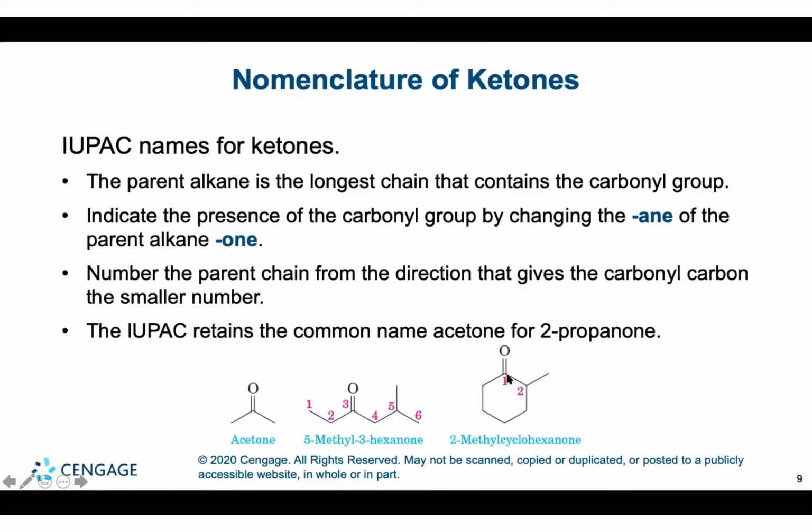That's 1, and we should go in the direction where we reach the branch sooner. 1, 2. It's going to be 2-methylcyclohexanone. We don't need to emphasize 1 because we know that we start at 1 in the cyclohexanone or cyclics.